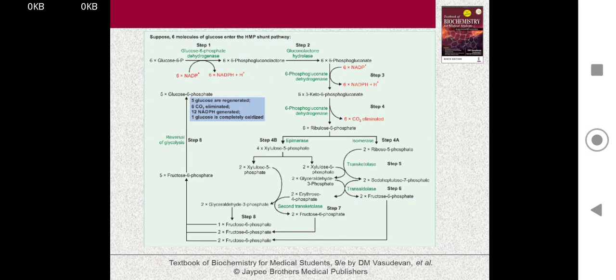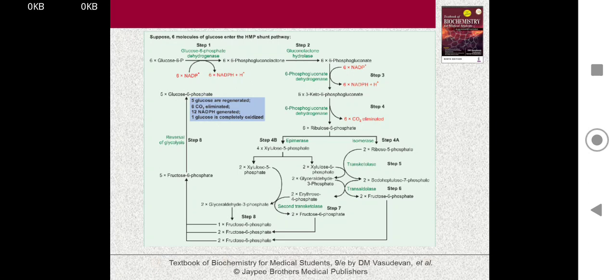Now, glucose 6-phosphate, with the help of the enzyme glucose 6-phosphate dehydrogenase, is converted into 6-phosphogluconolactone, which with the help of the hydrolase enzyme is converted into 6-phosphogluconate. This is converted into ribulose 5-phosphate by 2 reactions. In one reaction, it is converted into a keto intermediate with the help of the enzyme 6-phosphogluconate dehydrogenase, which is transiently decarboxylated to form ribulose 5-phosphate.